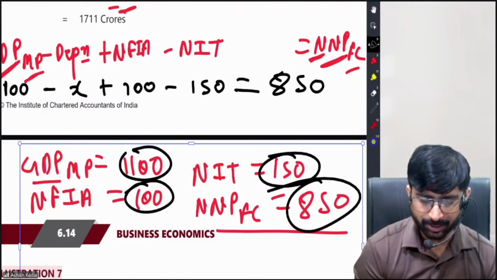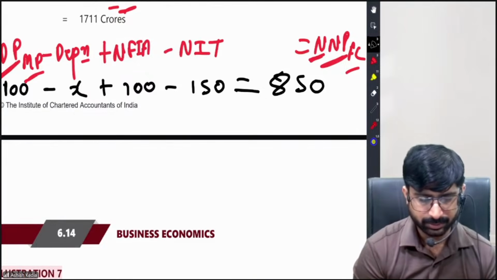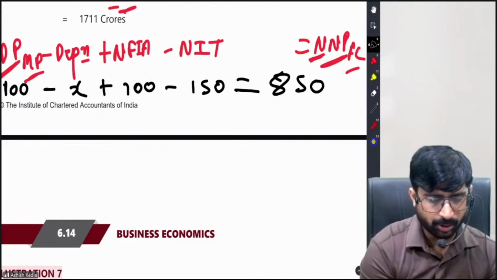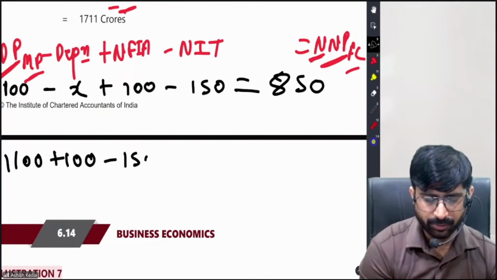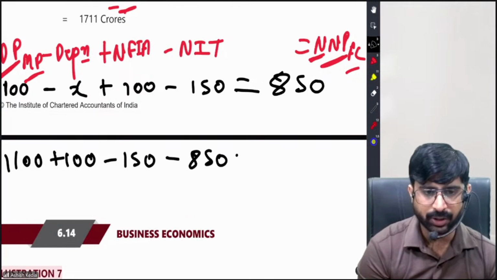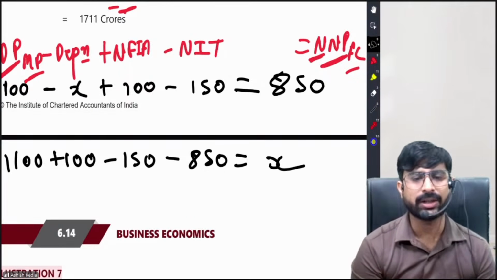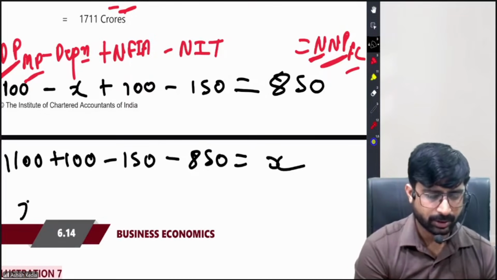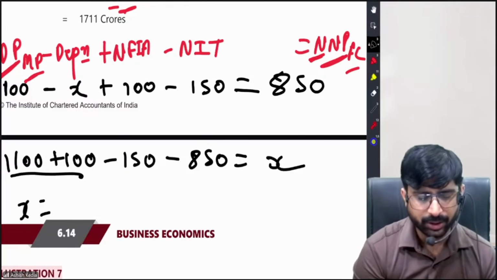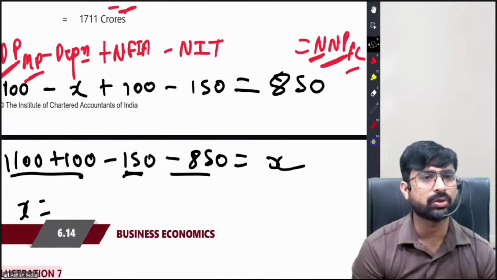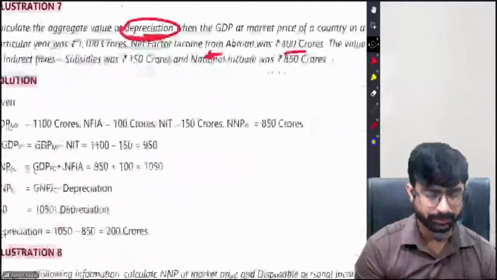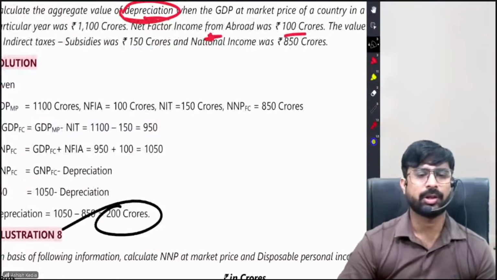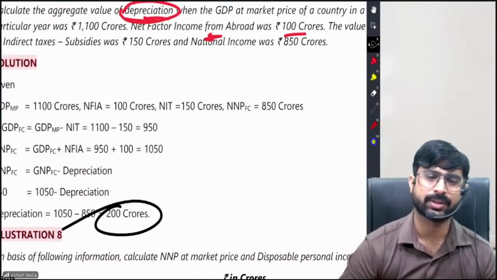Now class, a very simple thing. All of this is brought here: 1100 plus 100 minus 150 minus 850, and minus X goes this side, that is X. So X is equal to 1200 minus 1000. It's how much? 200. Game over. Depreciation is 200 crores.